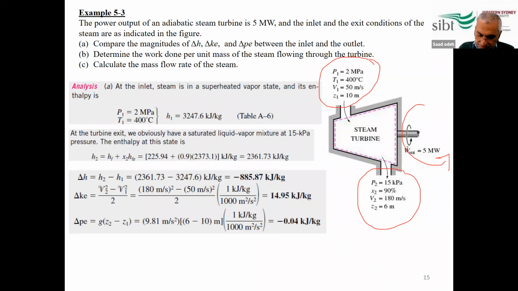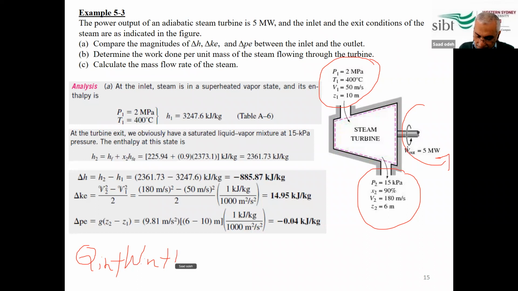So for example, you always say like this: Qn plus Wn plus the internal energy of the inlet fluid.